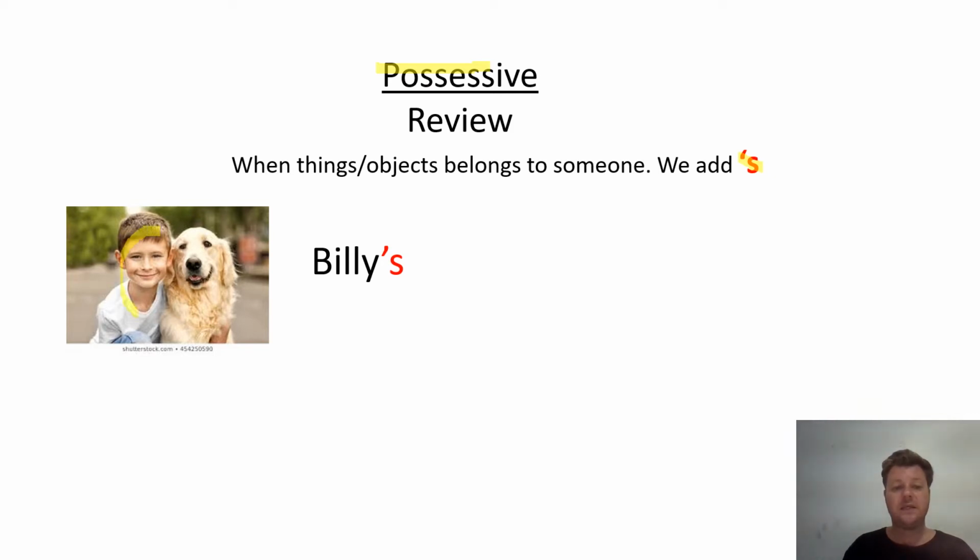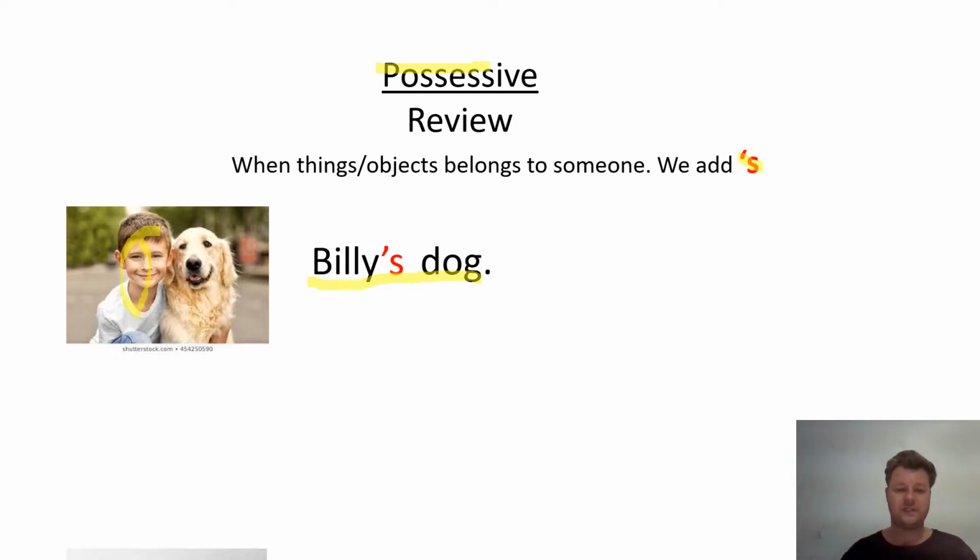This is Billy. Billy is the boy. Billy's dog. It's Billy's dog. Let's try and read this together. 1, 2, 3. Billy's dog. Well done, P1.